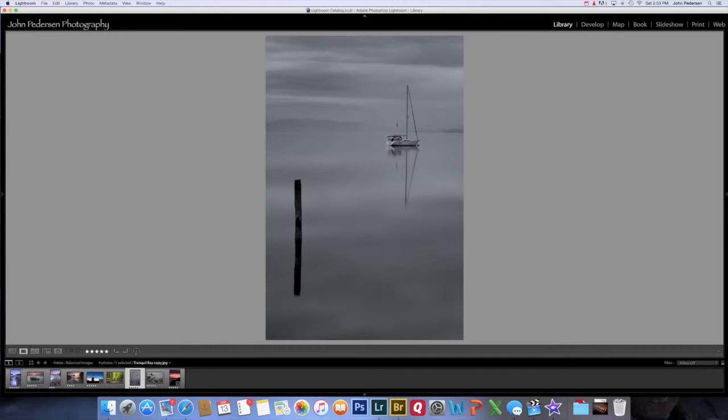Earlier, I talked about positive and negative spaces. I've got a lot of negative space in this image. All of this is sort of negative space, and really, because I de-accentuated the sky, all of this can almost be considered negative space. So I've got almost too much negative space, but in this case, the story that I'm trying to tell is about tranquility, solitude, quiet, those types of words to describe this image.